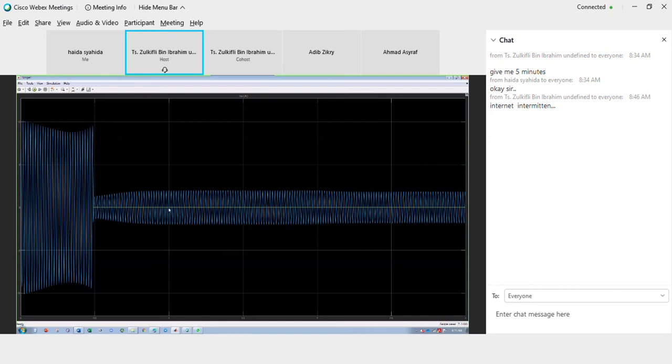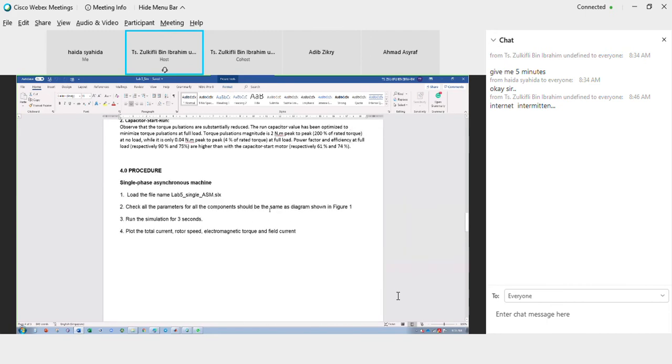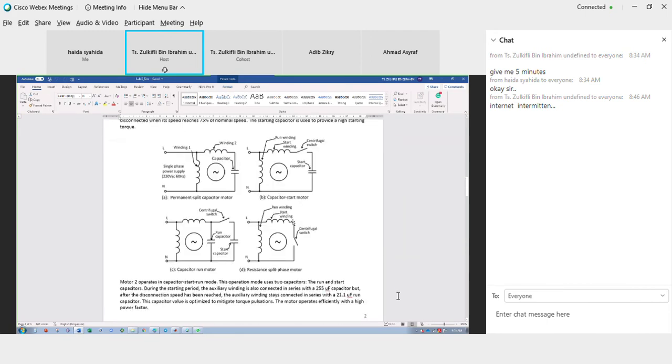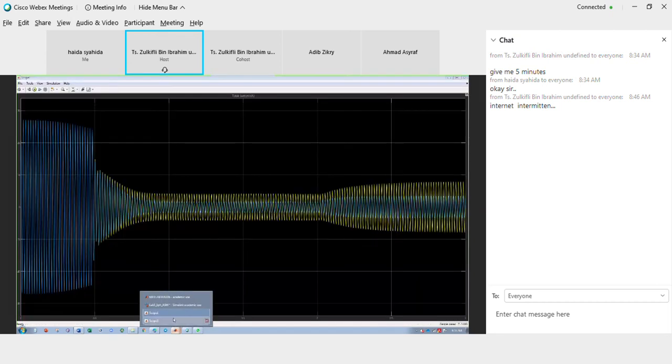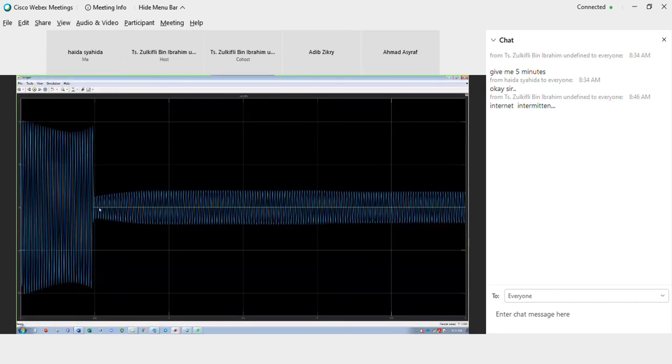It means the yellow one uses the start capacitor only. So the yellow one is the capacitor start motor B. After the motor rotates, the centrifugal switch operates and disconnects the start winding from the main circuit. So now, if you look here, the current in the start winding equals 0.